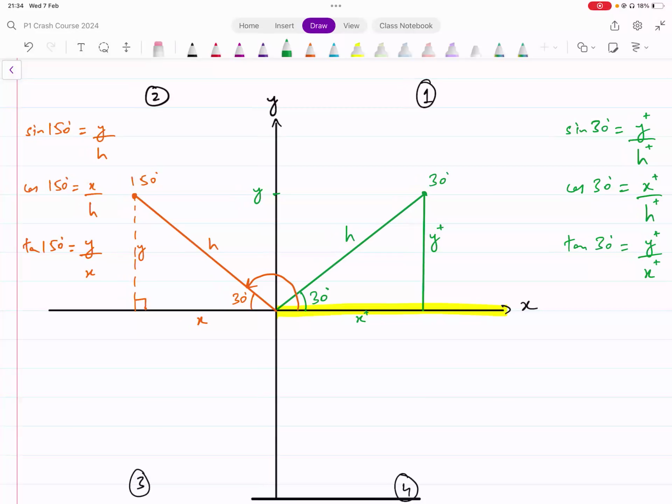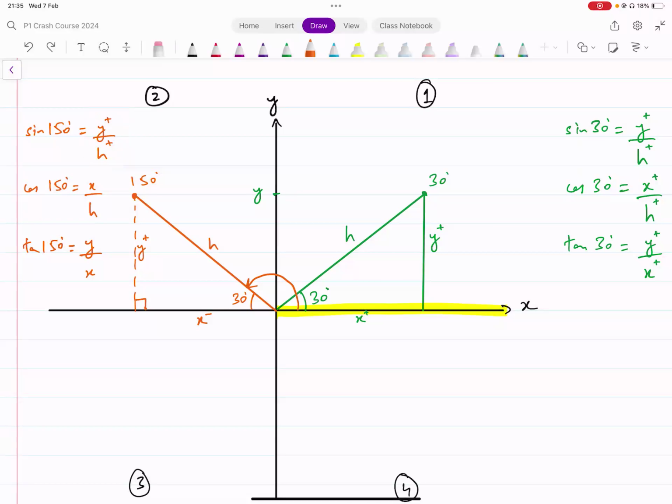But in the second quadrant, y is positive, but the x coordinate is going to be negative. When you are on the left side, the x coordinate is negative. Now, because of that, sine has y over h. Y is positive. H is always positive. So sine remains positive.